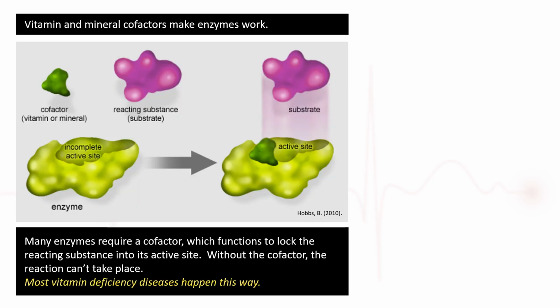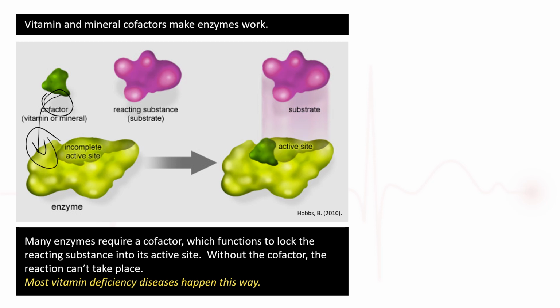So something else that can certainly have a big influence over enzymatic rate are cofactors. Cofactors are oftentimes vitamins and minerals, and not oftentimes, they really always are. They're vitamins and minerals. And what these vitamins and minerals can do is they can bind to specific enzymes. Okay? So here's a cofactor right here. What this cofactor can do is it can come over and it can bind to this specific enzyme.